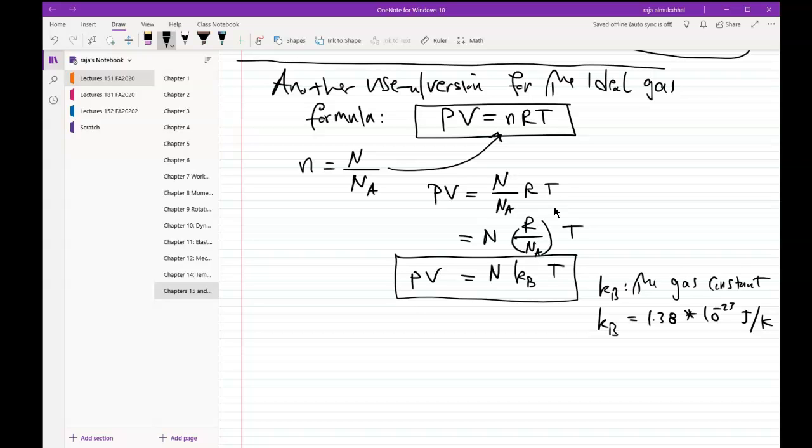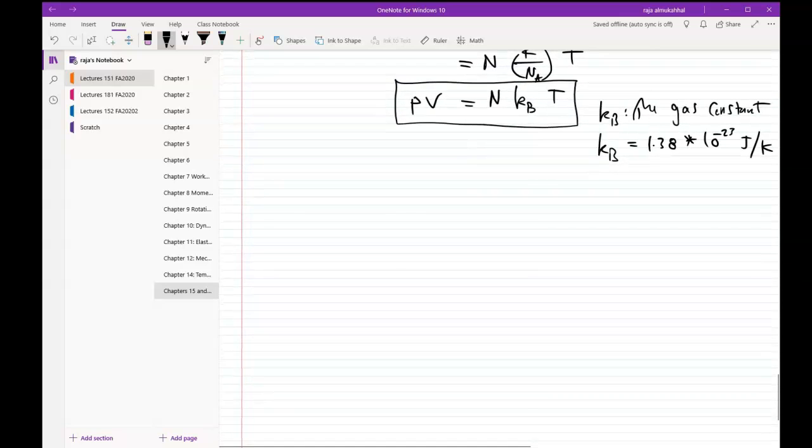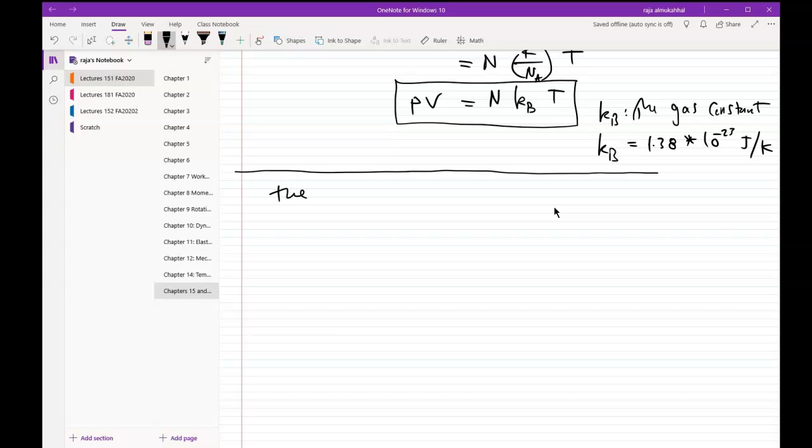The next topic that I want to talk about is the kinetic theory of gases. Please take the time to read the section about the kinetic theory of gases. I'm just going to talk about the result of that and maybe one or a couple of examples of it.